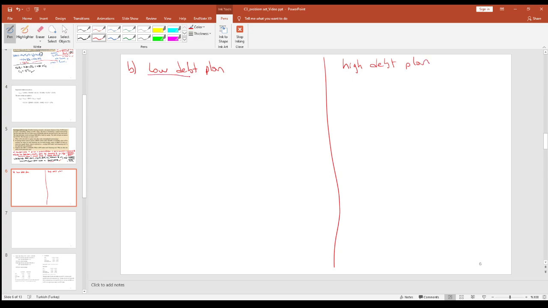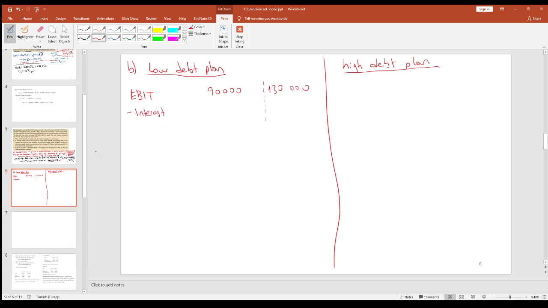Okay. So in case of low debt plan, now it is given that earning before interest and tax would either be $90,000 or $130,000. So we should deduct interest here.